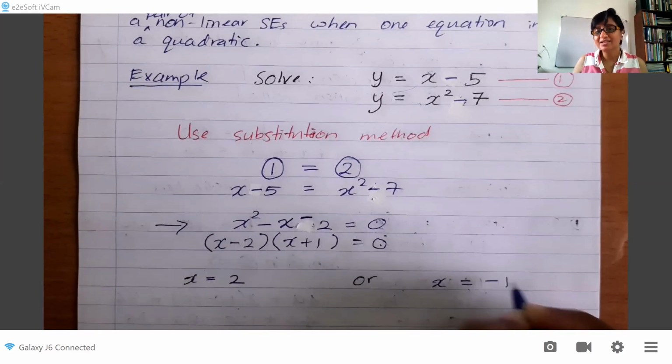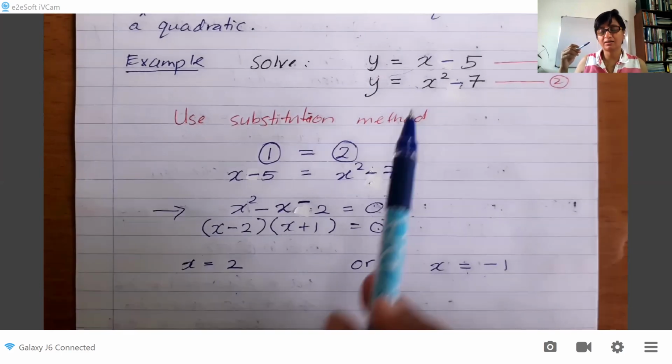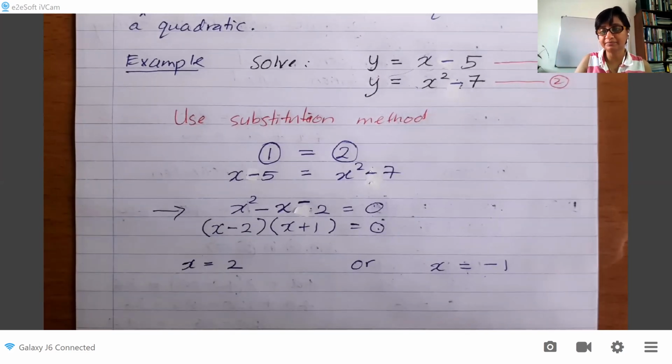So since your x term was a square term, you get 2 answers for x.